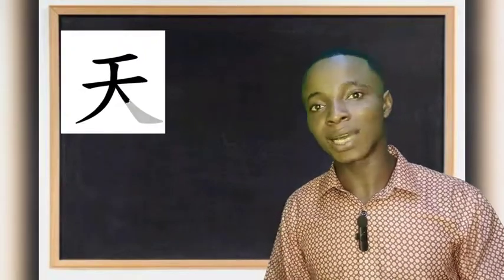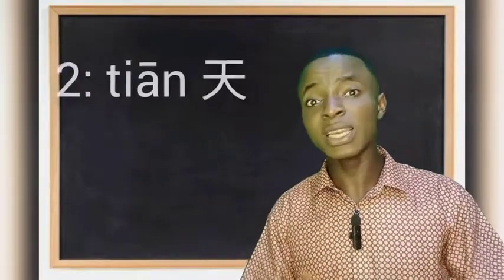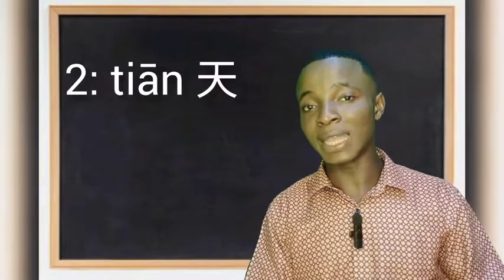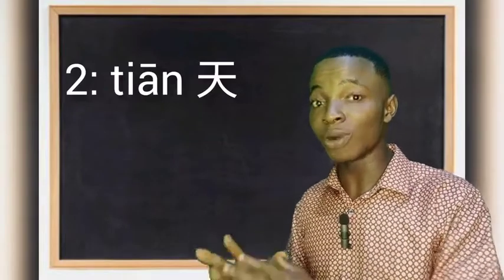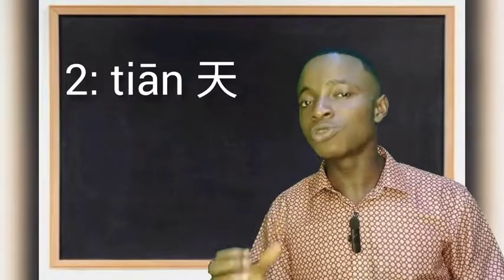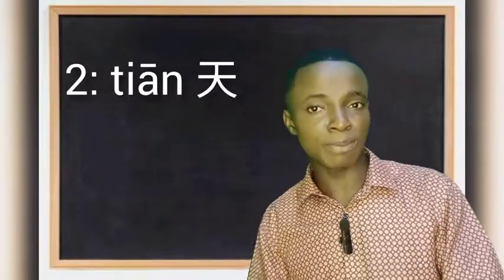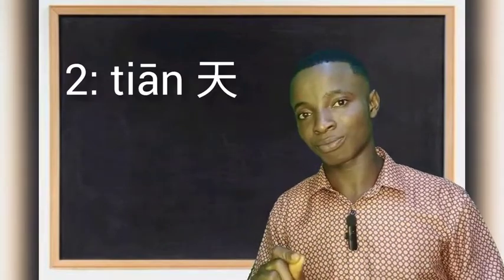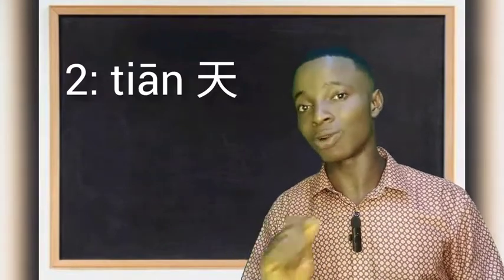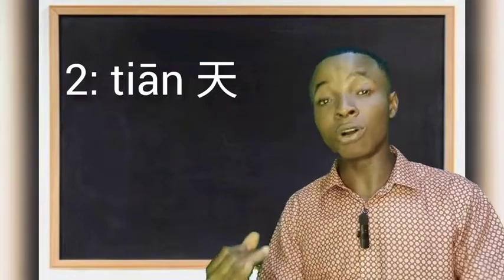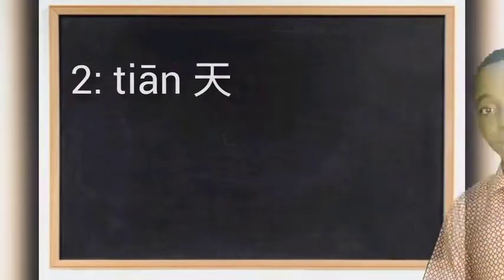Pie and na are very simple, easy to write. If you are able to write the first one, you can also write this character. All you need to do is study your stroke orders. If you know the ones we've studied previously, make sure you know how to write them. So don't make the mistake of starting from the wrong point while writing these characters.